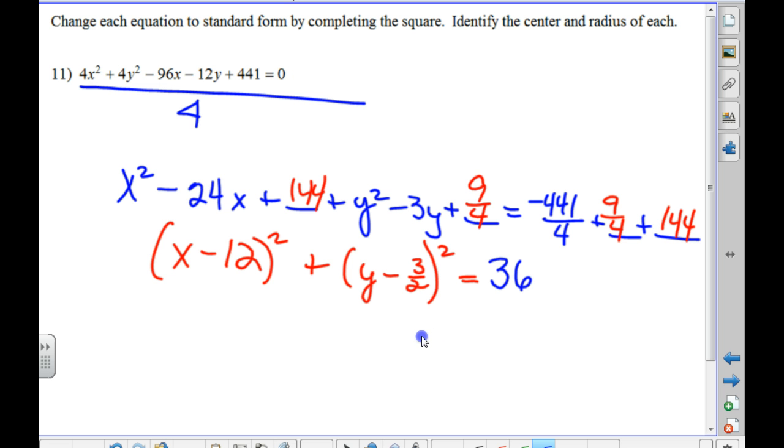I just went for the calculator because my head hurts. Too much mental math for me. So the center is at positive 12, positive 1.5 if you went with a decimal, and the radius is 6.